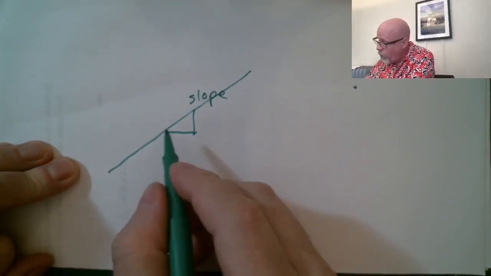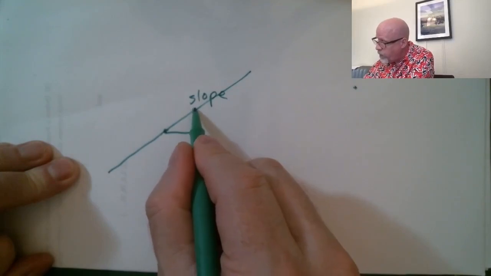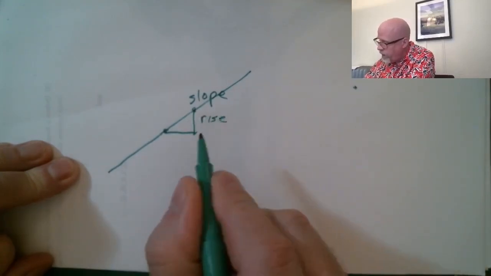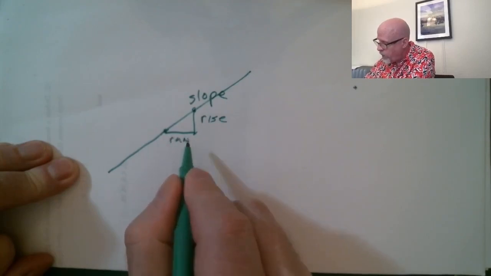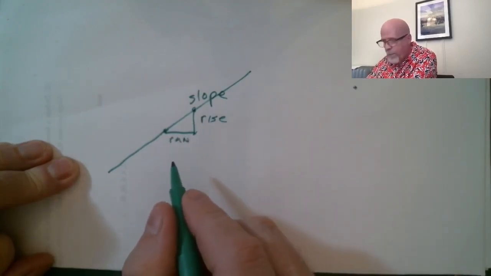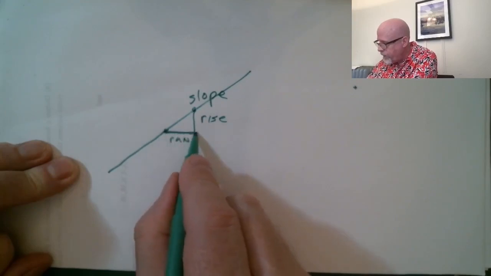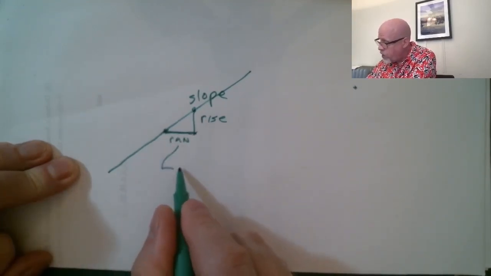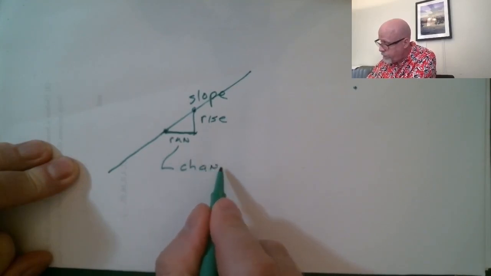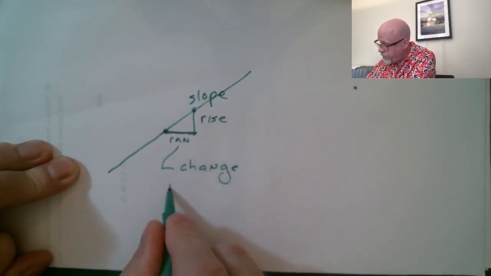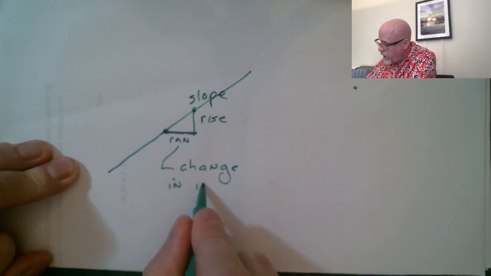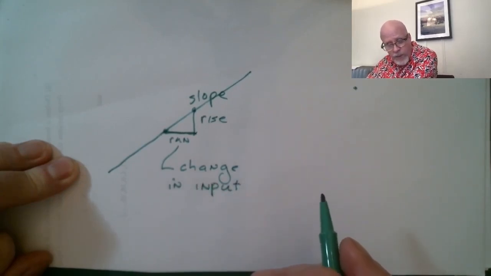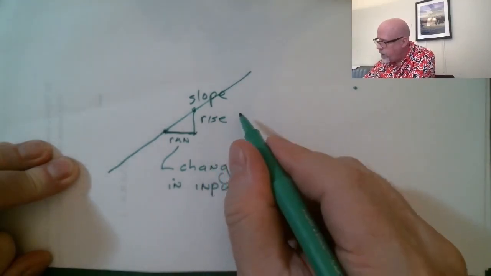You go from one point on the graph to another point on the graph, and in between those you have a rise and a run. That's what we normally call those things. The run is how the x changes. Run is actually a change in the input. And the rise is the change in the output that corresponds to that change in the input.